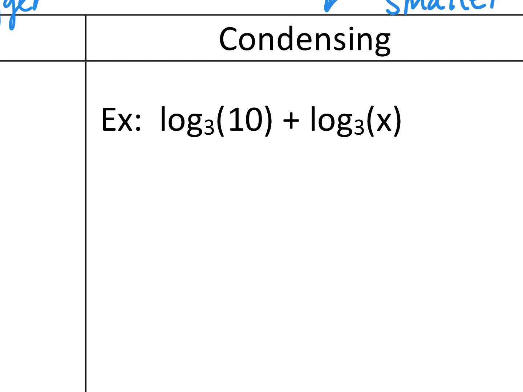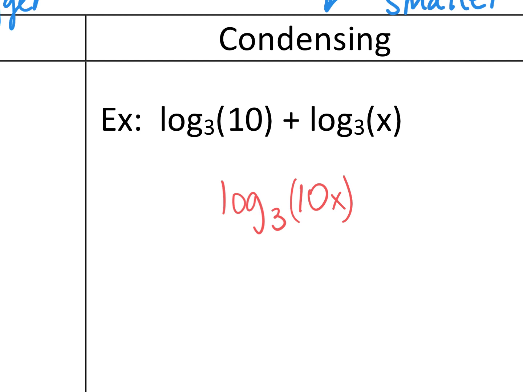Making it smaller. So I notice here I have 2 logarithms. Do they both have the same base? That's important, because that means I can do this problem. So I have 2 logarithms. I'm condensing them to 1. Log base 3, and then 10 times x, because once again, addition and multiplication go together.